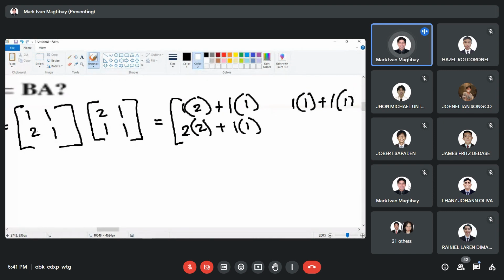And then, sa baba naman, second row, pero second column na. Dahil ang intersection po ng dalawang yan ay yung ating A22 po natin. Okay? Start. 2 times 1. 2 times 1 plus 1 times 1 po natin. Okay?